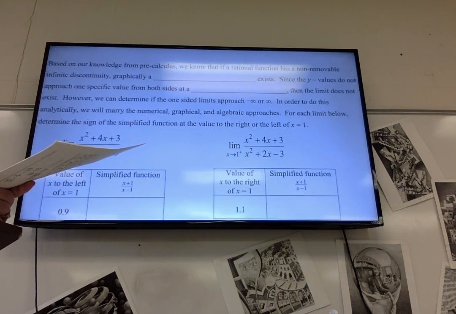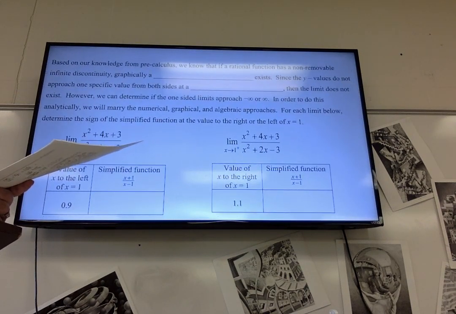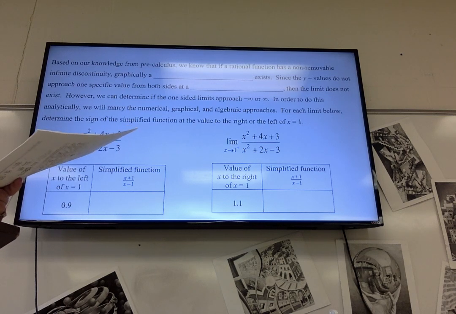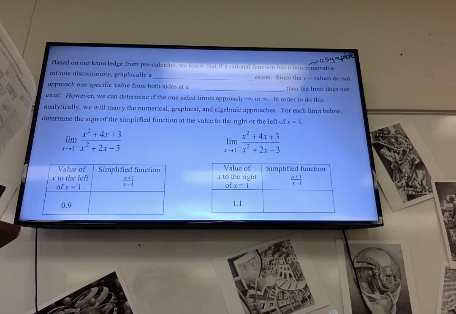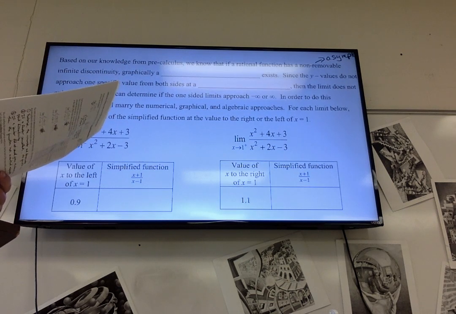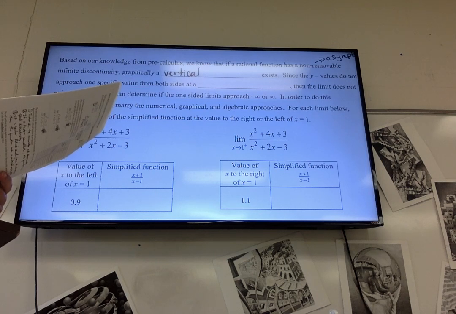So, we know that, no, we didn't call it a non-removable infinite discontinuity. That is an asymptote. That's all that means. That's graphically a vertical asymptote.